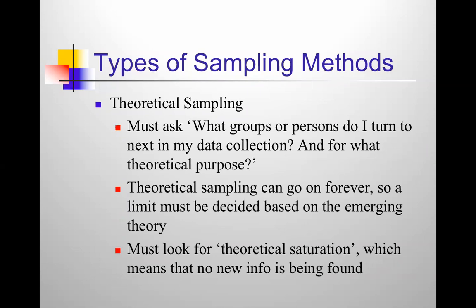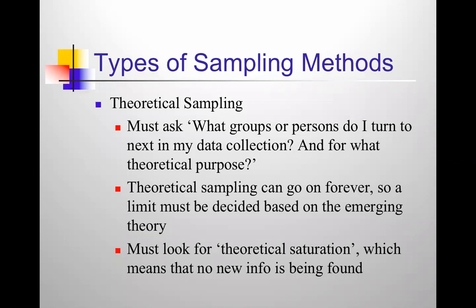And this is just more of a description. When we get to saturation, this is how we know we've interviewed and collected enough data. Let's say you interview 7 people, and they're all telling you something a little different, but there's a little bit of overlap. But then you get to the 8th and the 9th participant, and they're talking about the object under study just like the first 7 people, and you're really not hearing anything different.